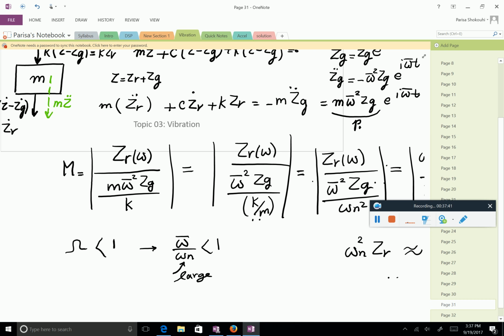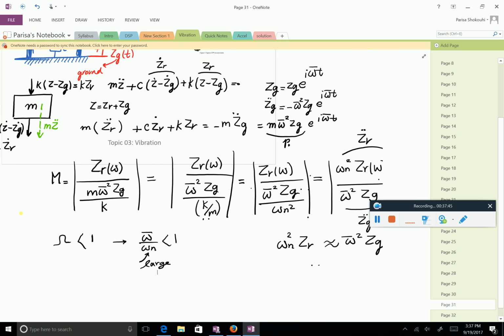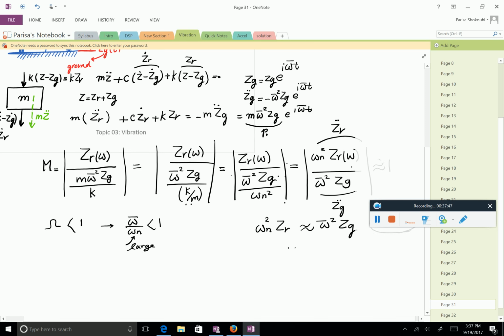Yes, everyone, this is understandable. But this is not all. So one criterion is that you want your accelerometer to have a large natural frequency. Another criterion is that, here if I write ZR, then if that's the case, ZR would be like that. Imagine I chose m equal to 1, this is how it's going to be.